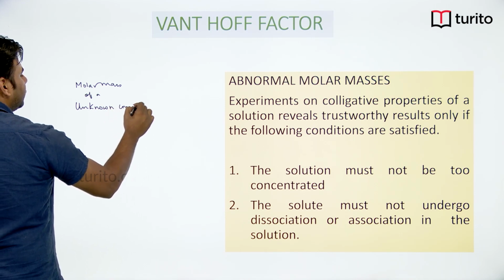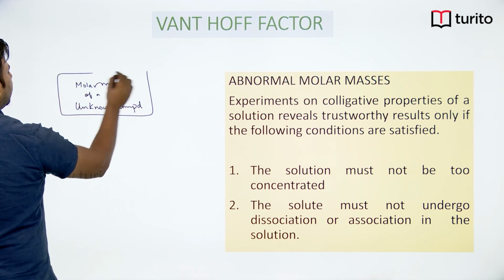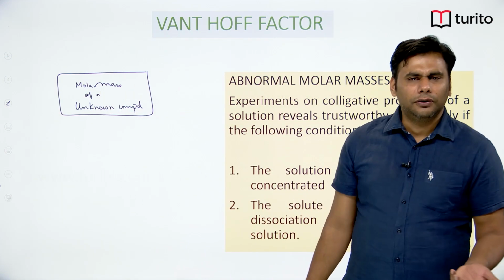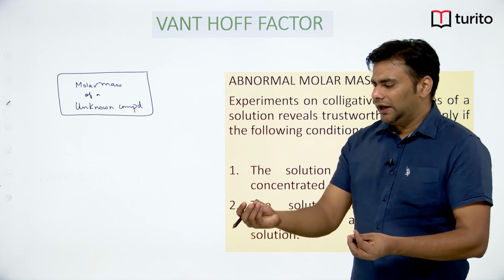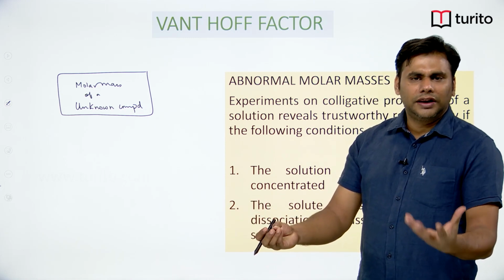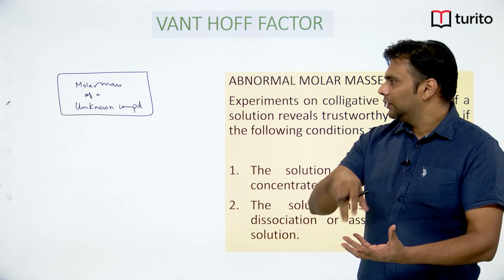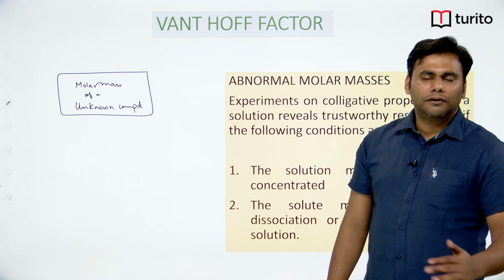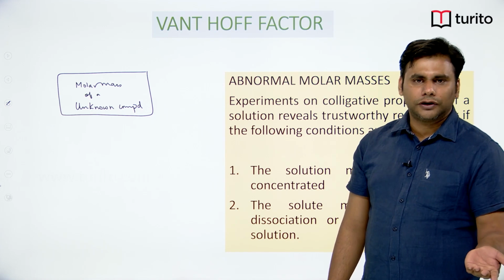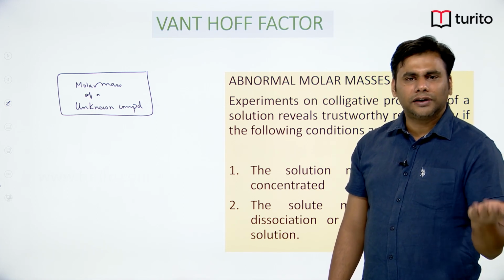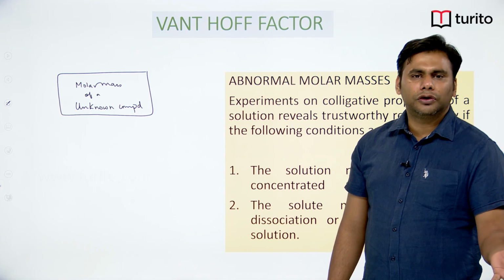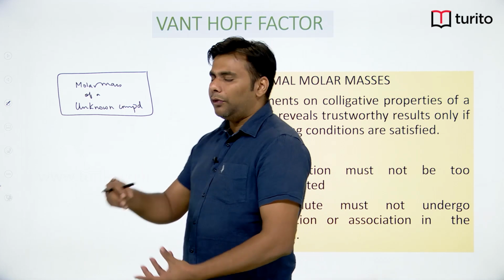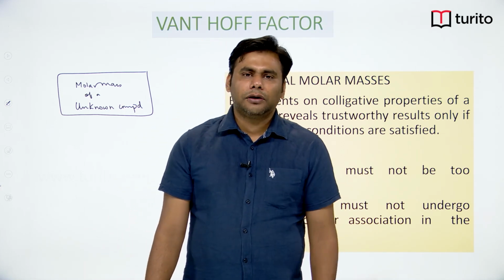We don't know about the compound, so we'll take a solvent whose vapor pressure we know, dissolve this unknown compound in it and record the vapor pressure. Relative lowering in vapor pressure is equal to the mole fraction of solute. From there, knowing the mass of solvent, we can calculate the moles of the solute. We also know the amount of unknown compound that we dissolved, so we can calculate the molar mass.